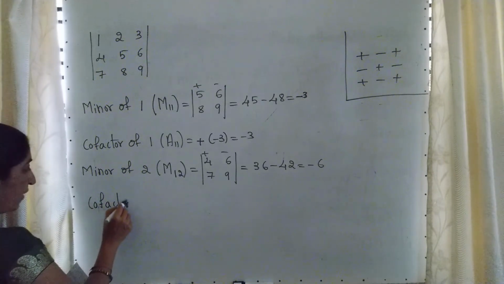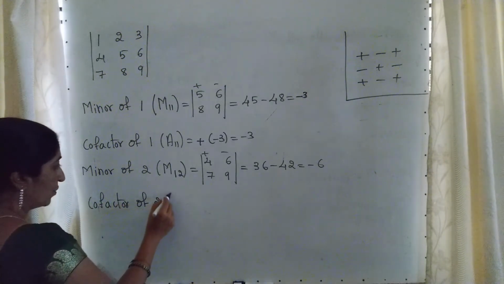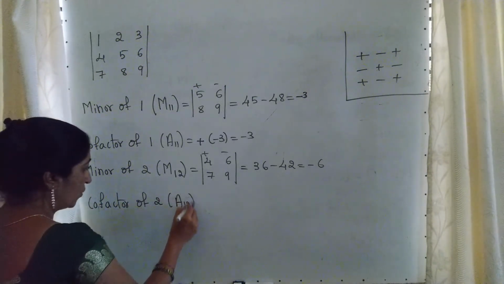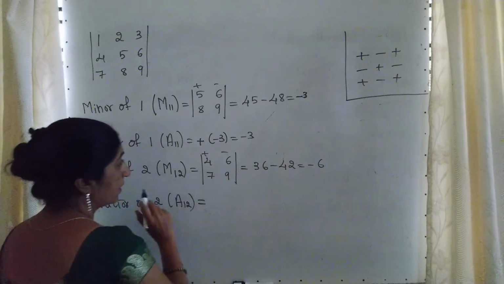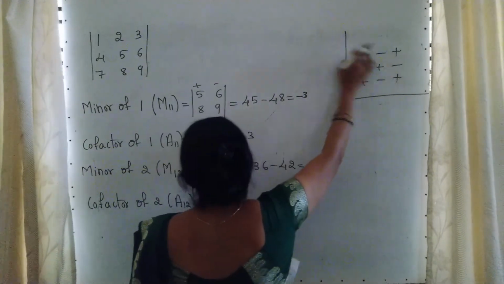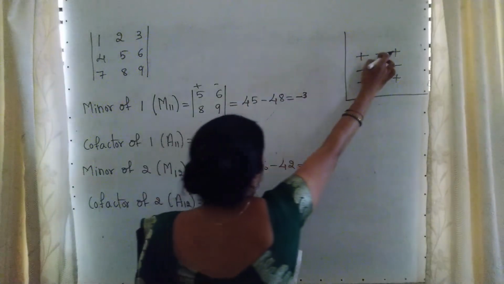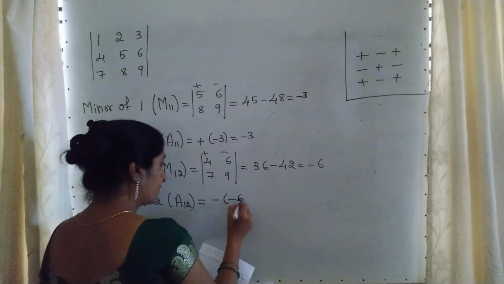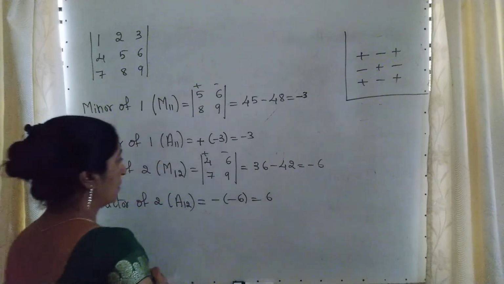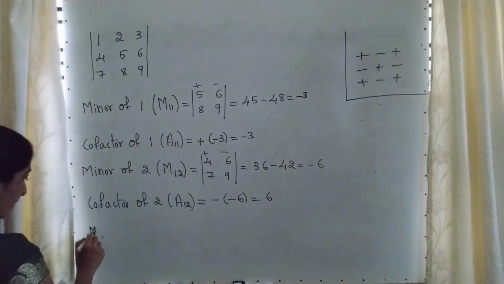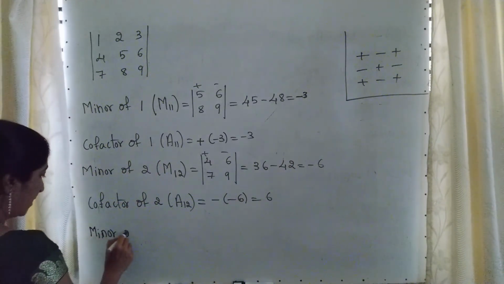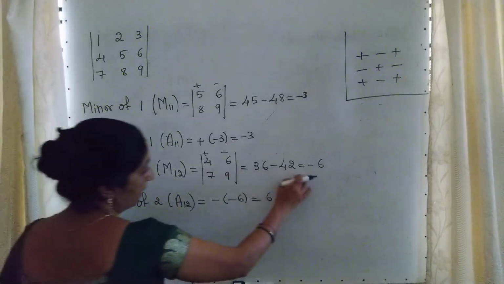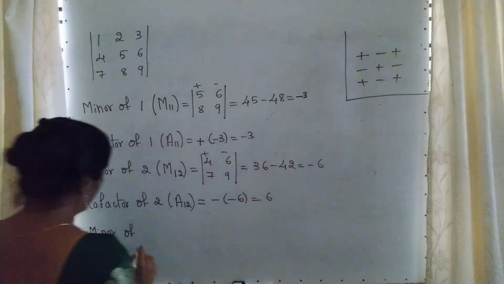See, cofactor of 2, that is A12. For the same answer, see that sign table, in place of 2 we have a minus. That means for this answer we have to write minus. It is plus 6. Next, minor of 3, see in your book, if you have the place, write down exactly in front of that.